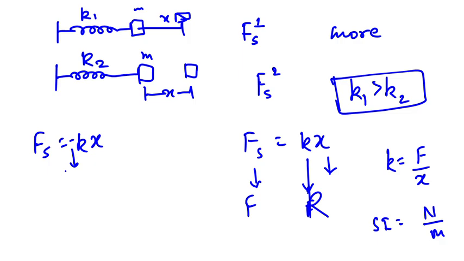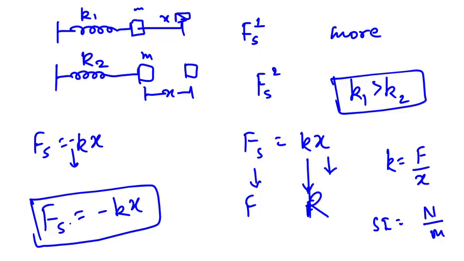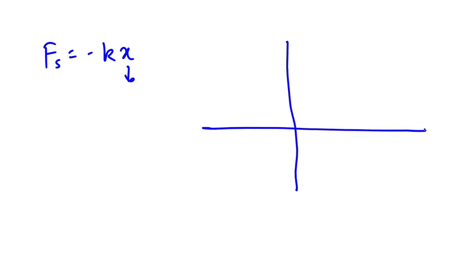Now we are going to plot this Fs equals minus kx, the spring force versus displacement graph. This is a very easy graph. Fs equals minus kx is a linear graph in x. So if this is the x-axis and this is, let's say, Fs, you will get a graph like this.